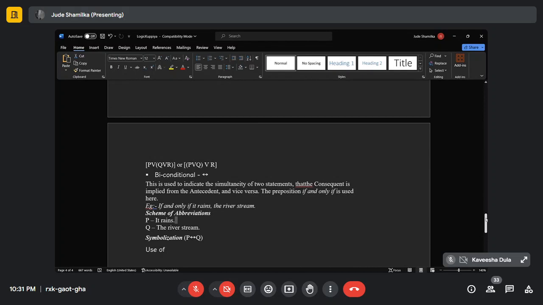If A's negation is B, then B's negation should be A, right? I mean, if the negation of A equals B, what should be the other way around? The negation of B should equal A, right?